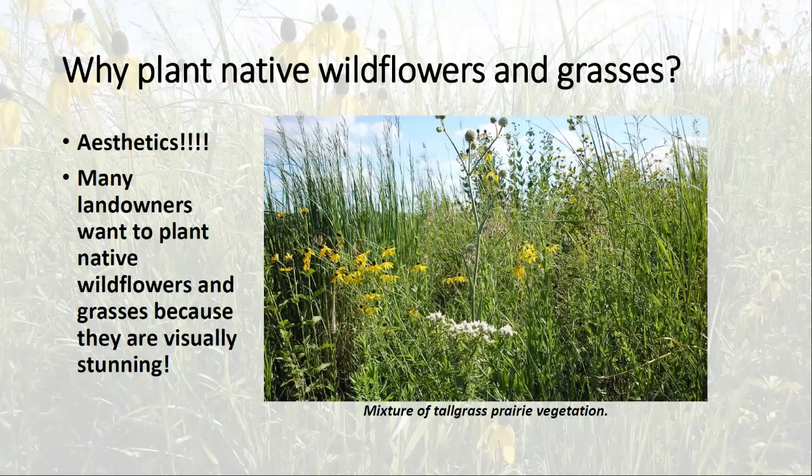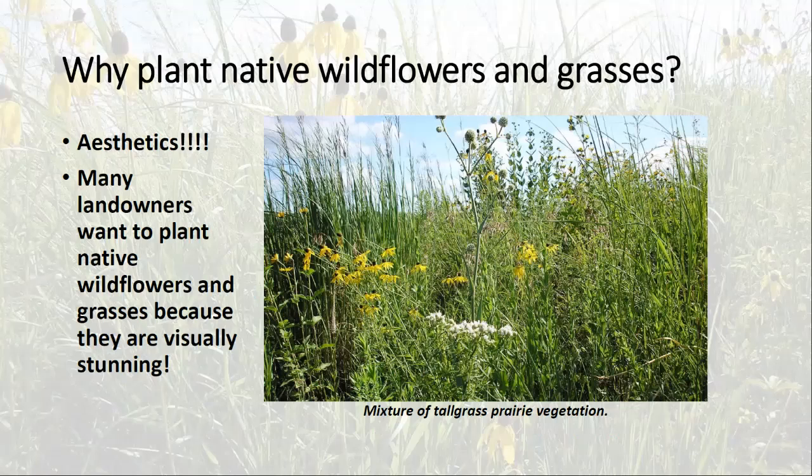Another reason people are interested in native wildflowers and native grasses is simply because they're cool looking. They're very charismatic. And I agree. This picture you're seeing here is from a project I took part in southern Wisconsin. And what you're seeing there is a mixture of wildflowers, including wild quinine, rattlesnake master, gray-headed coneflower, as well as native grasses such as big bluestem, Indian grass, little bluestem, and side oats grama.